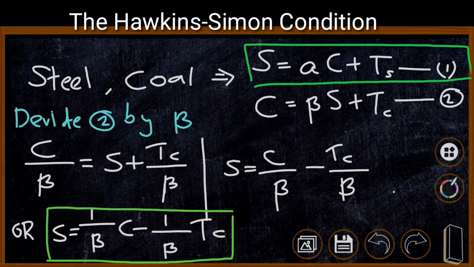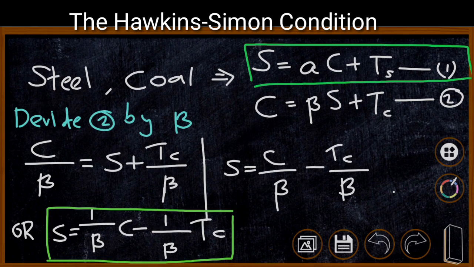In order to have an intersection point in a positive quadrant, the value of 1 by beta, which is the slope of equation number 3, and the value of alpha, that is the slope of equation number 1, the value of 1 by beta must be greater than alpha.